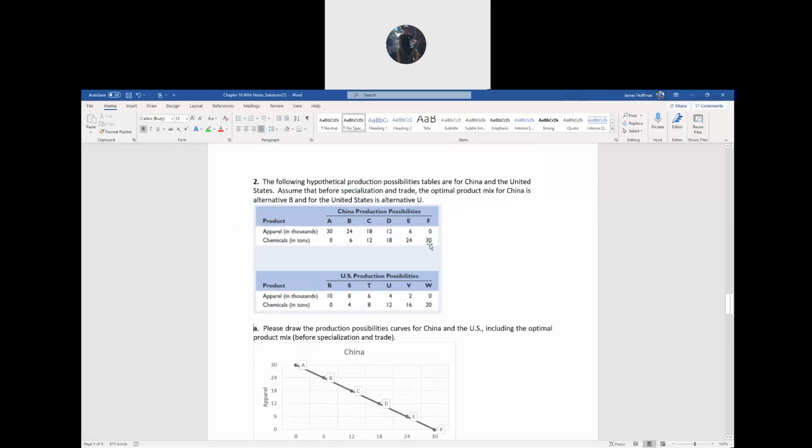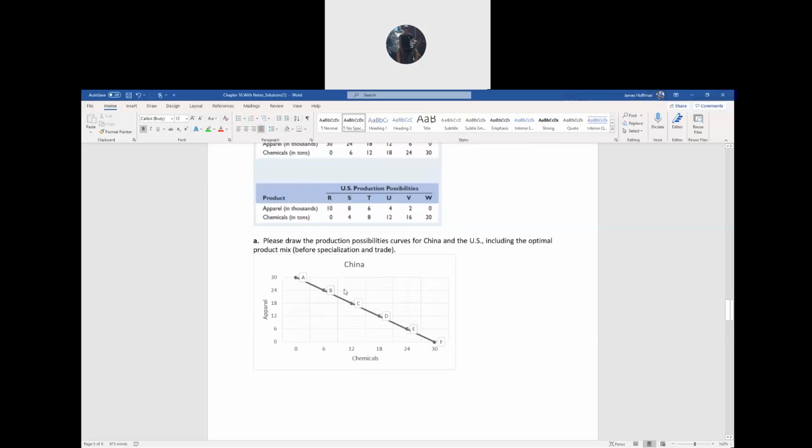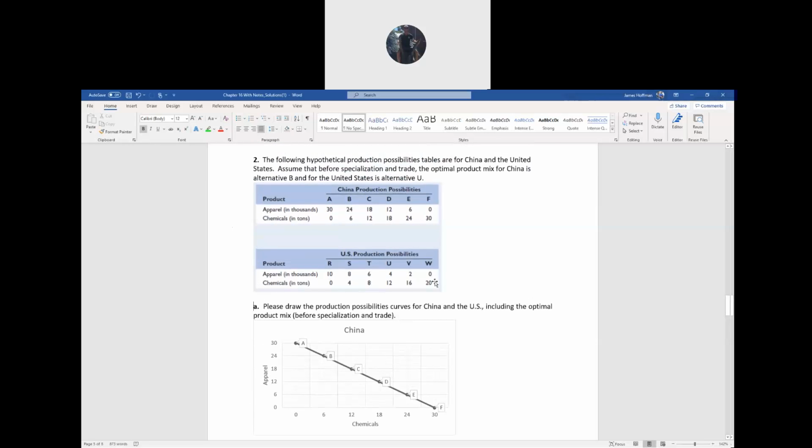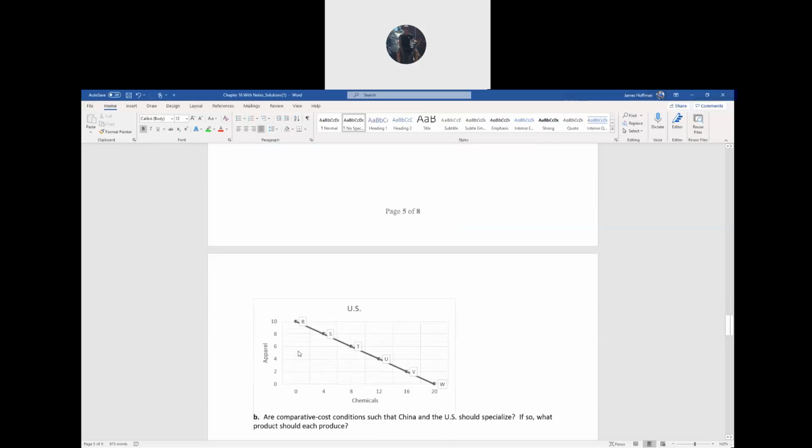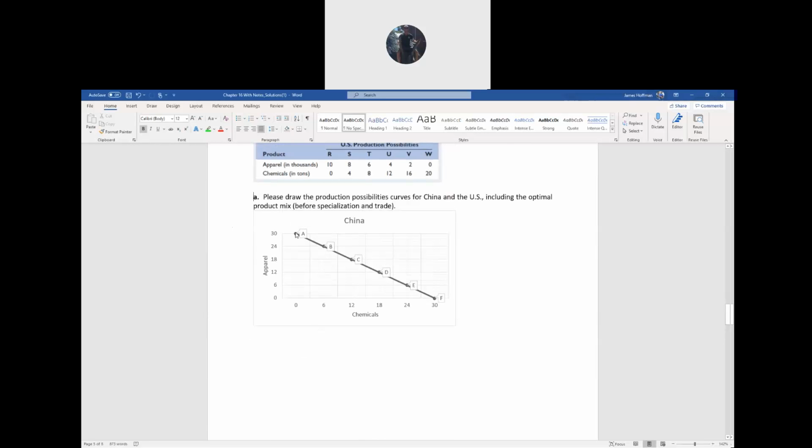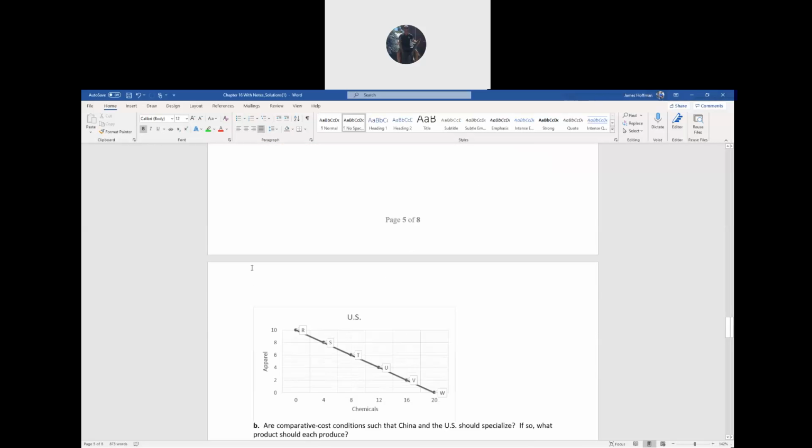So put point A and point F for China, and then draw a straight line through that, and then put point R and point W for the U.S. and just draw a straight line through that. You can put the individual letters if you want, but the main thing is you get the endpoints for apparel and chemicals for the U.S. and for China, and show where they start out.